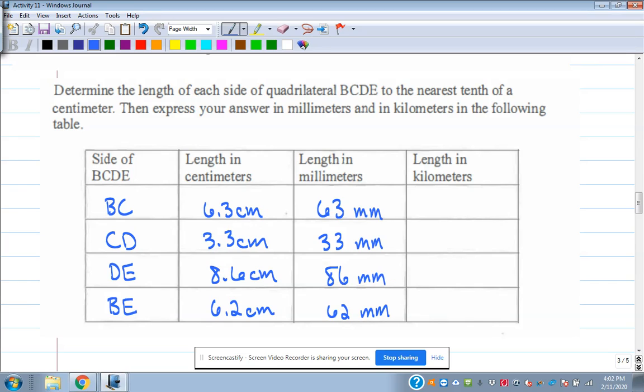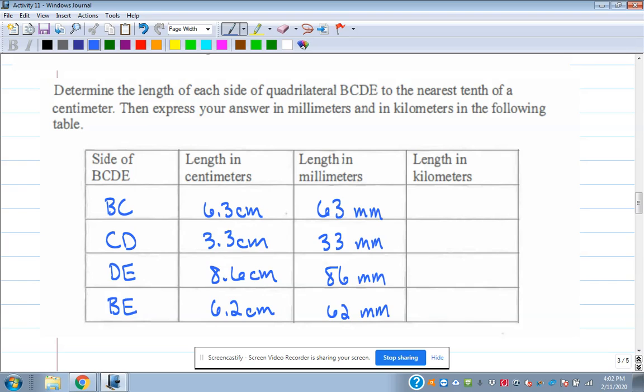You shouldn't be like half of a centimeter, 5 millimeters off. You should be really within one there. I'm not going to say you have to be perfectly the same as mine, but you shouldn't be very far off at all. Like we should be within one either way.